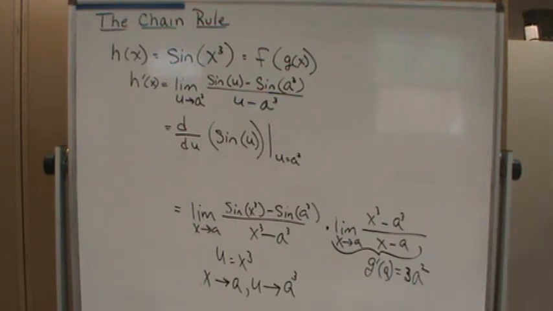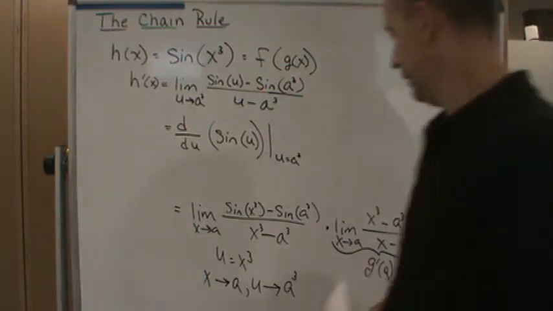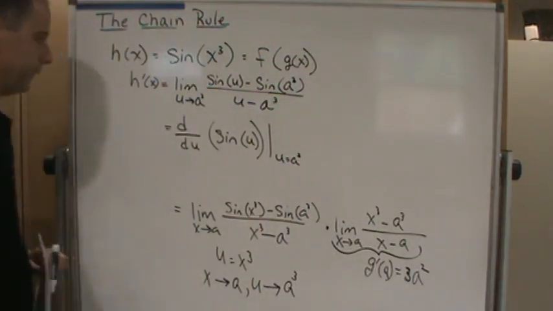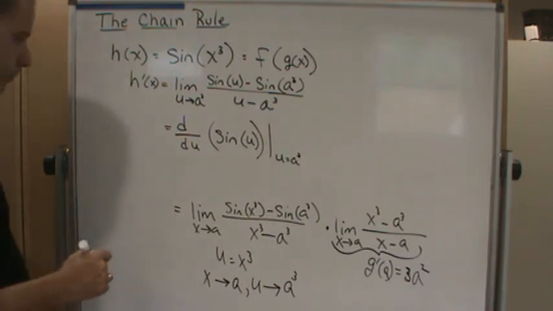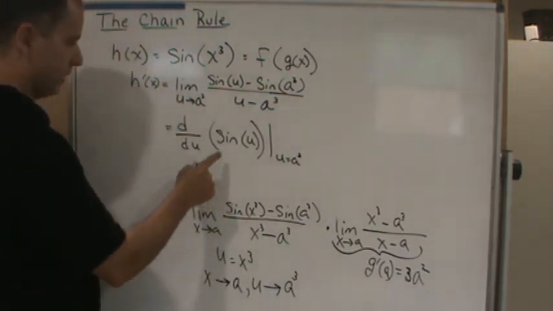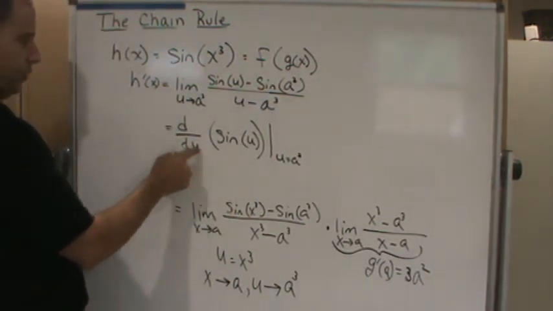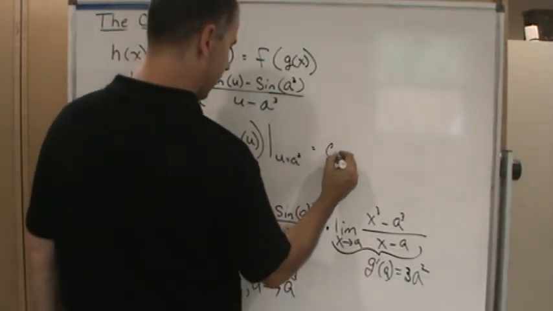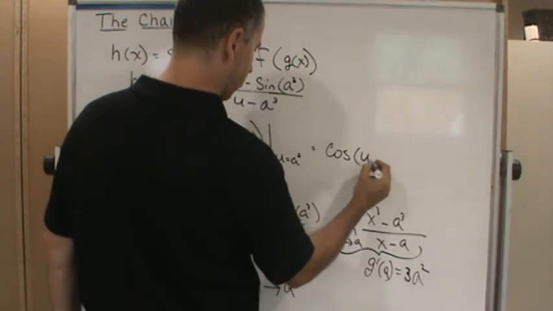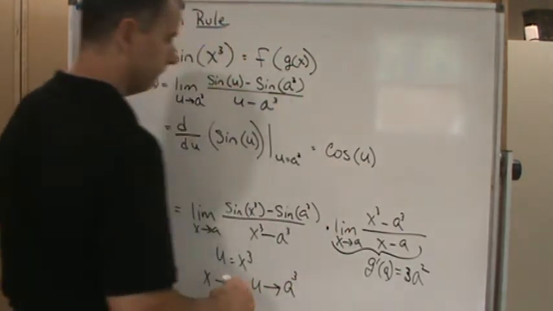Now, what is the derivative of sine u with respect to u? That's going to be equal to cosine u.